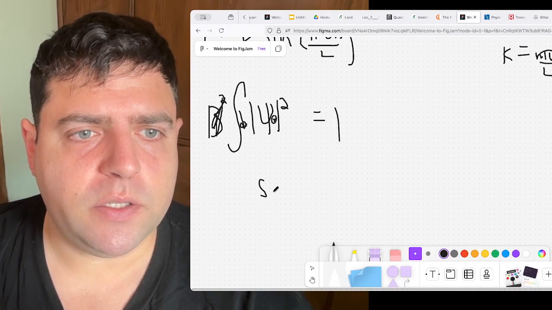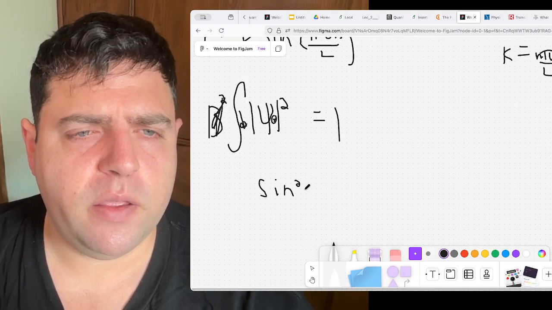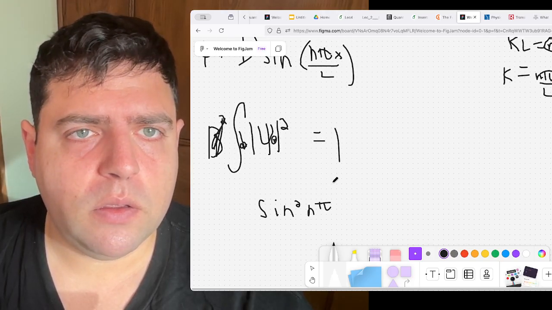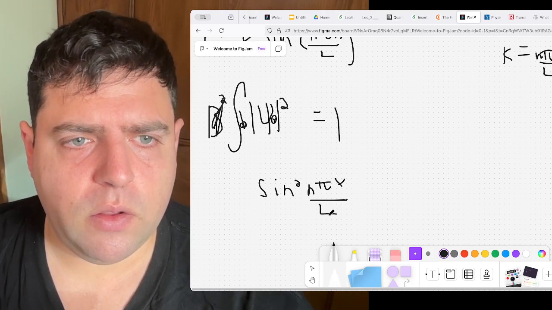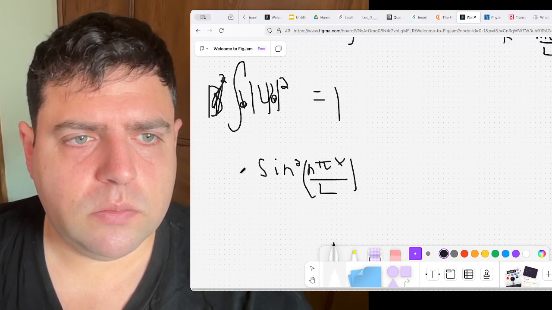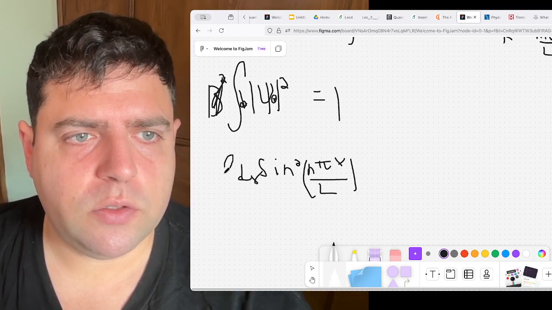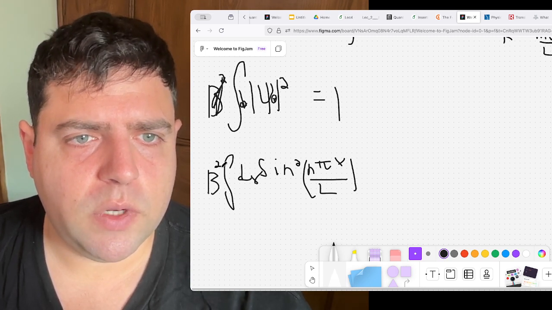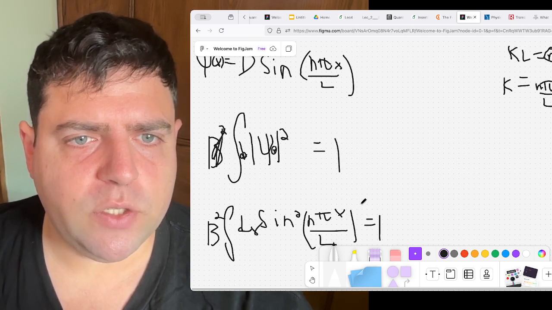So we want the integral of B squared times sine squared of n pi x over L dx to be equal to 1. That's the normalization condition.